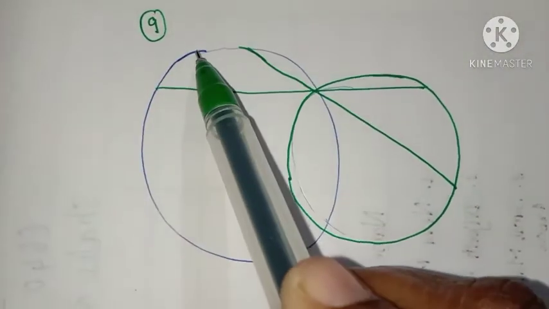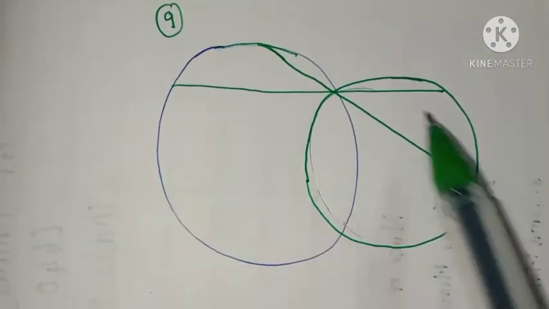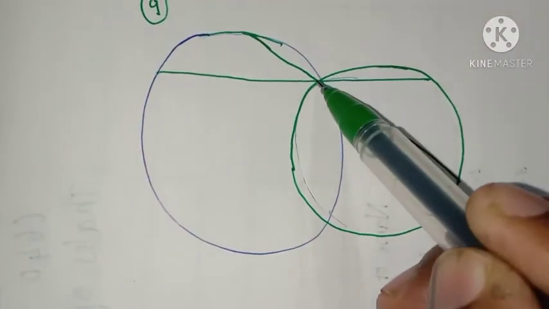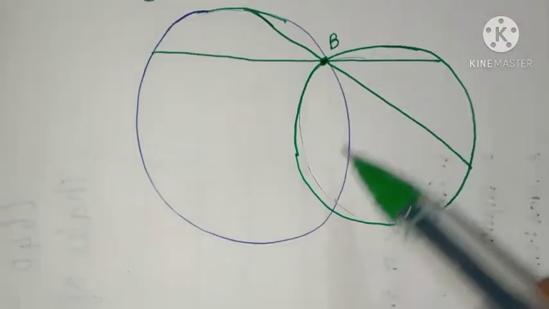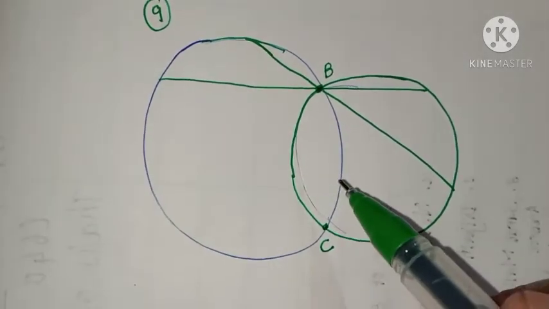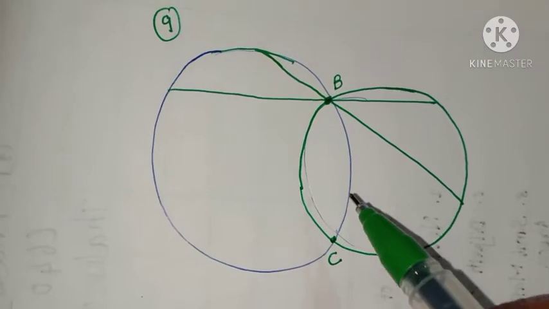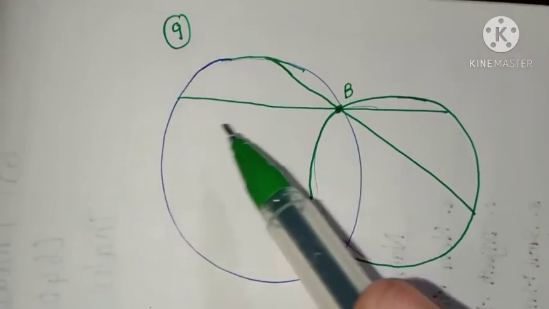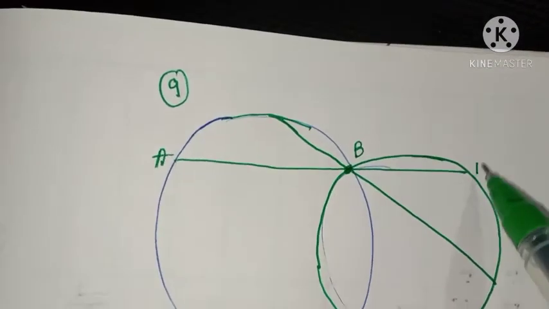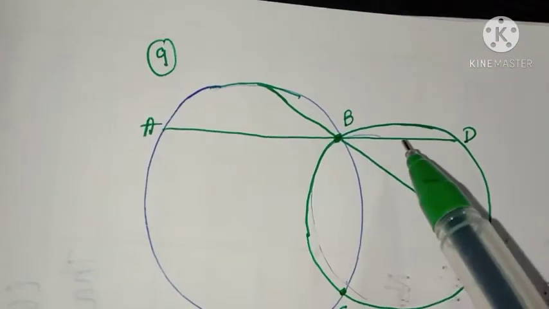Question number 9. See, we have two circles. Two circles intersect at 2 points B and C. Through B, draw a line segment ABD.